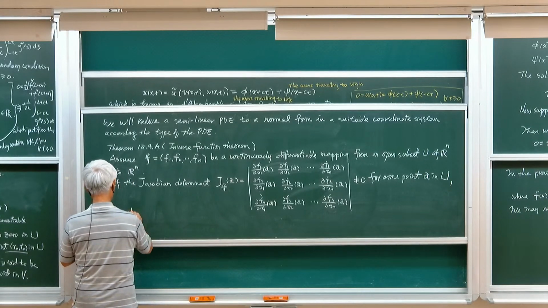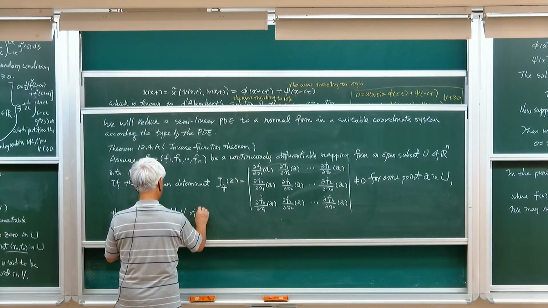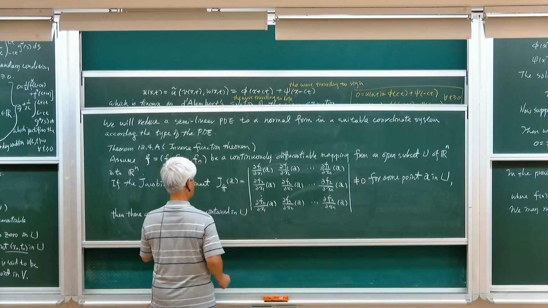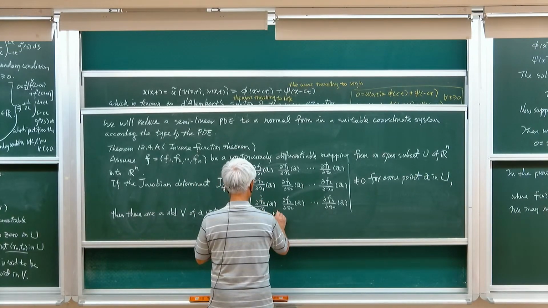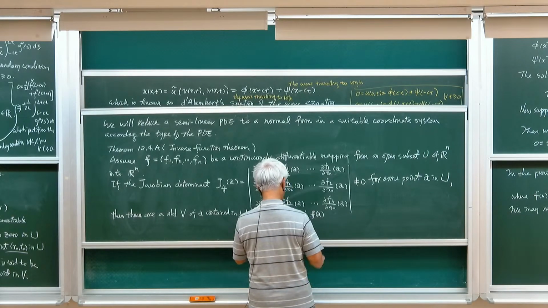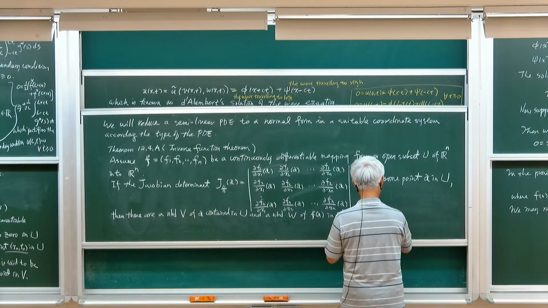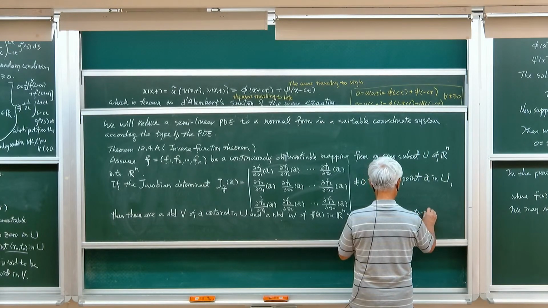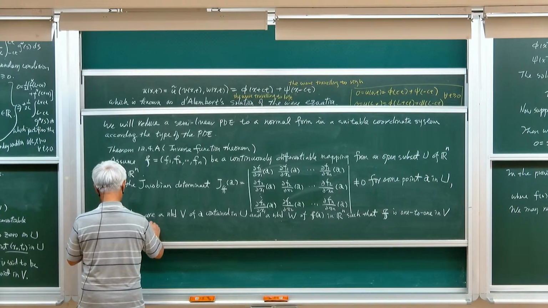Then there are a neighborhood V of the point A contained in U, and a neighborhood W of f of A in Rn, such that f, the vector function, the mapping, is 1-to-1 in V, and f of V is equal to W.